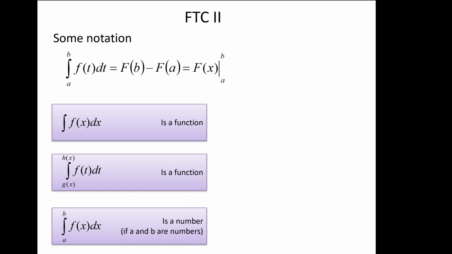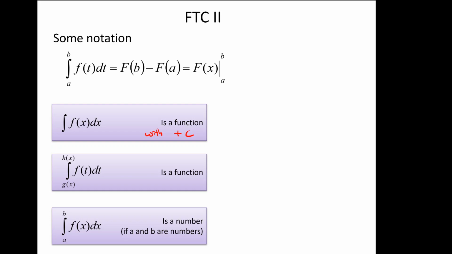Okay, also, in addition to that, you'll notice as you go through all of these examples that when you do an integral that does not have bounds on it, you will always get a function with plus c.